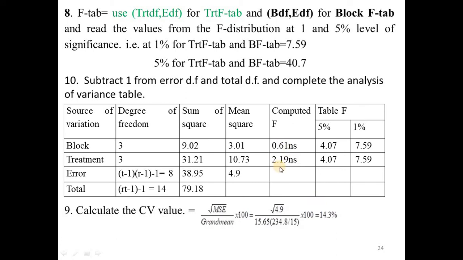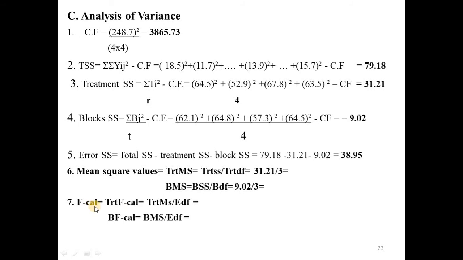So the values are here. The treatment F calculated is also the treatment mean square values obtained from this calculation divided by degree of freedom, and then the block F calculated is calculated as the block mean square values divided by degree of freedom.